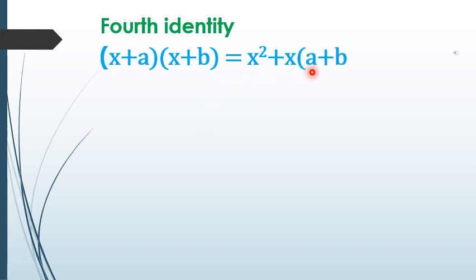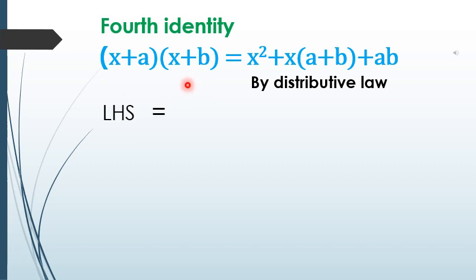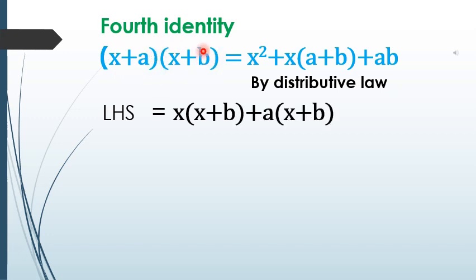Next identity is (x plus a) into (x plus b) is equal to x square plus x into (a plus b) plus ab. This is a little different. We will solve it. Here, on the left hand side, (x plus a) into (x plus b), we will be multiplying these two expressions, which is x into (x plus b) plus a into (x plus b).